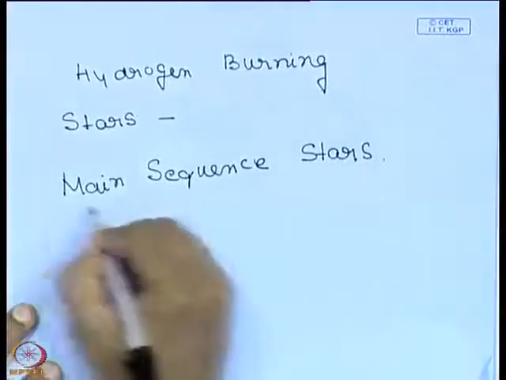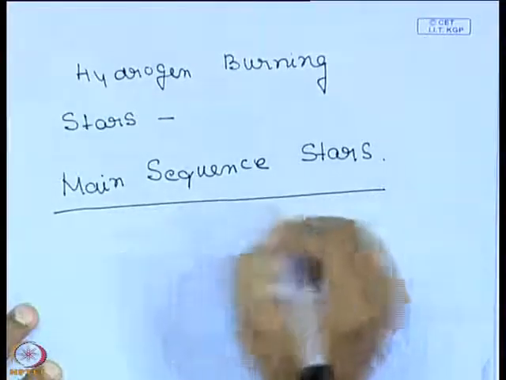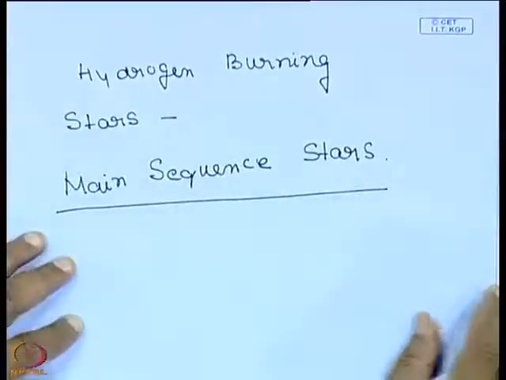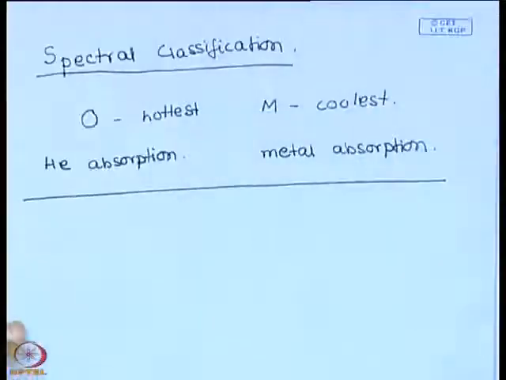And why it is called the main sequence I shall explain to you shortly. So, we shall interchangeably be terming them as hydrogen burning stars or main sequence stars, and the equations which we had developed are for this class of stars.